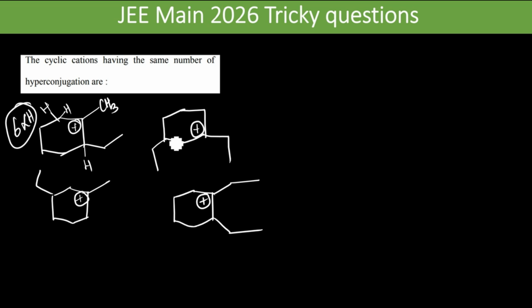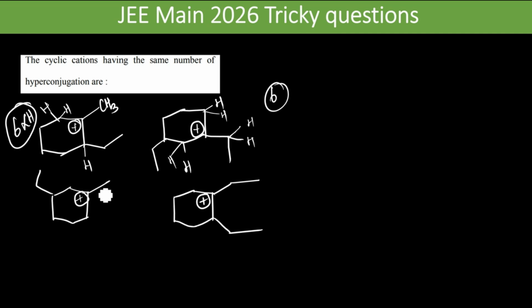And the second one, I have 1, 2, 3, 4, H. So this is also 6.